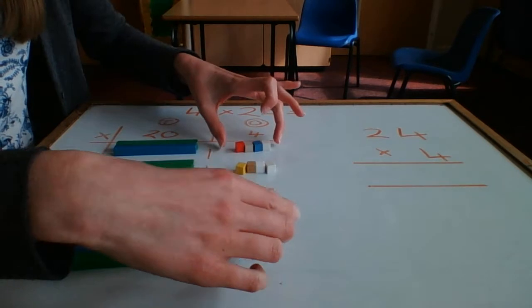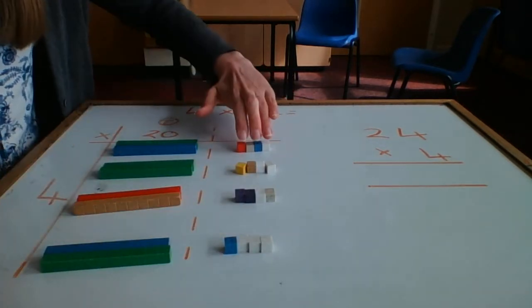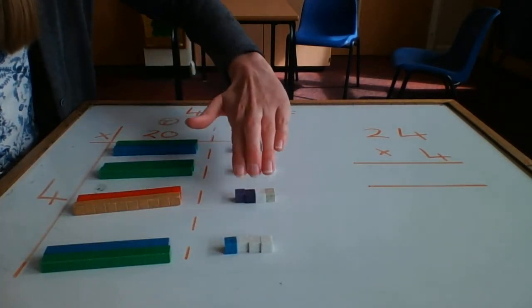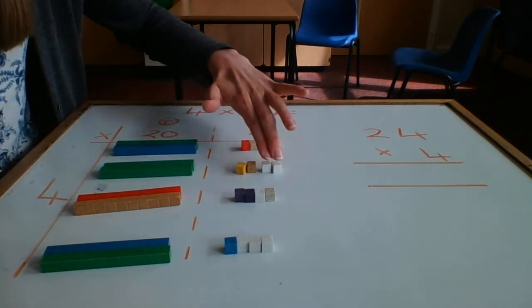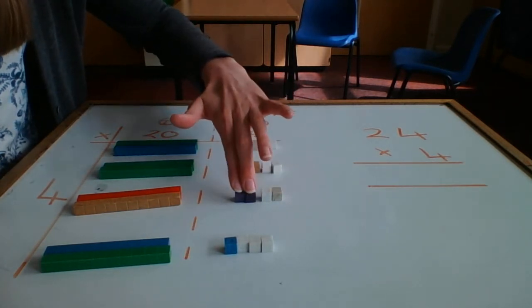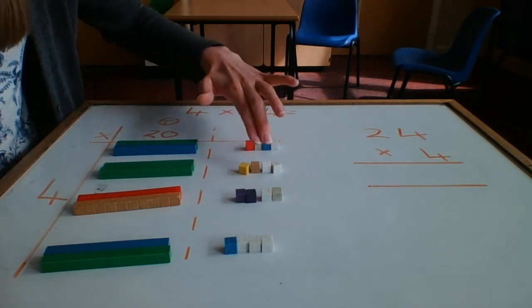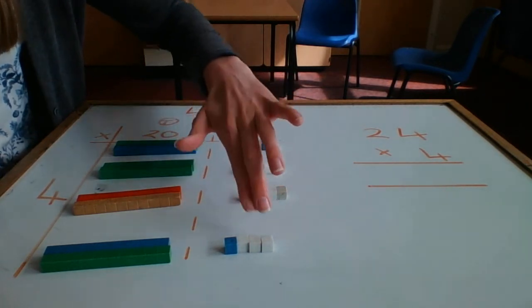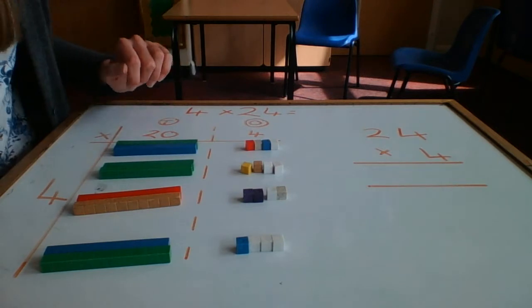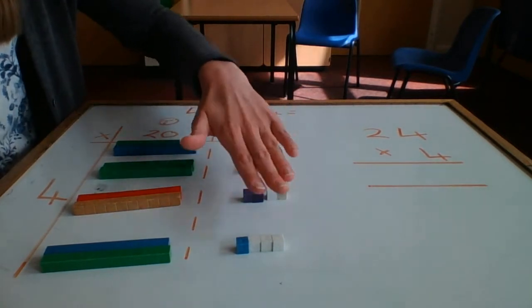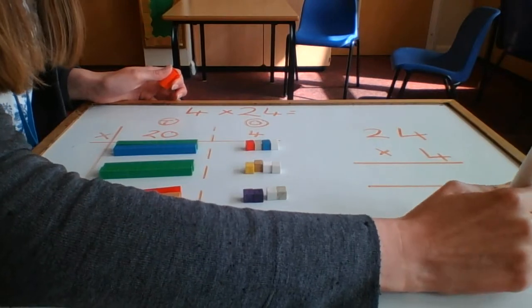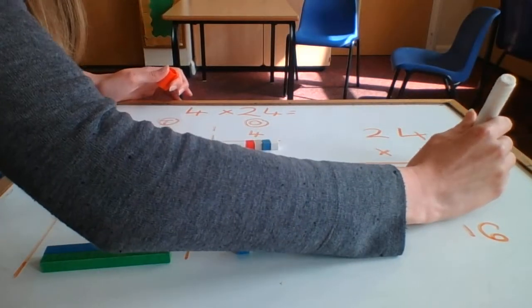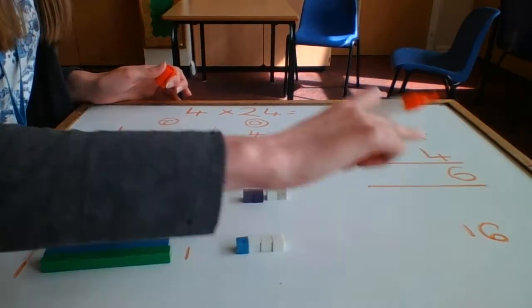If I wasn't sure, I could also count these, either going 4, 8, 12, 16, or 2, 4, 6, 8, 10, 12, 14, 16. I could also do that. 16. Now, if I look at the number 16, it is 6 ones, and then that's a 10.